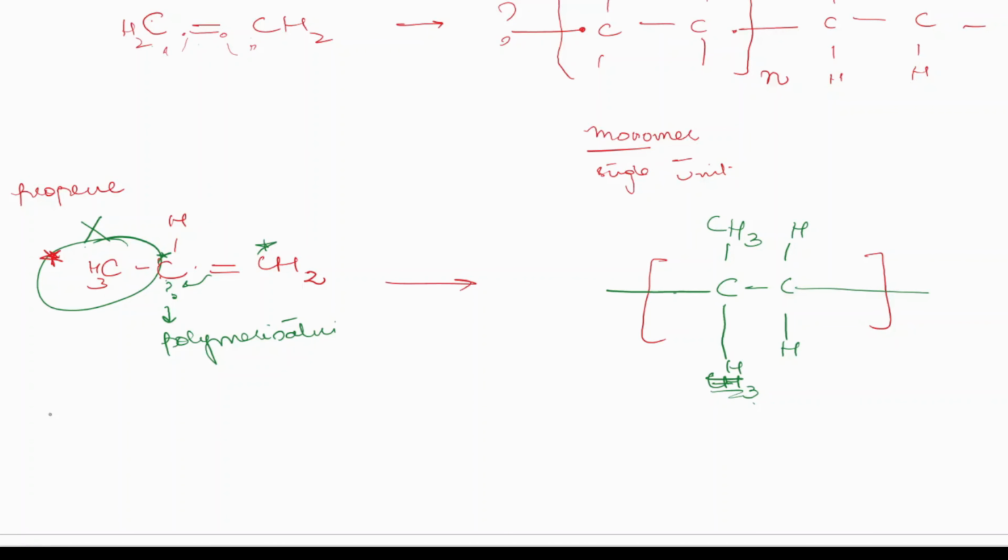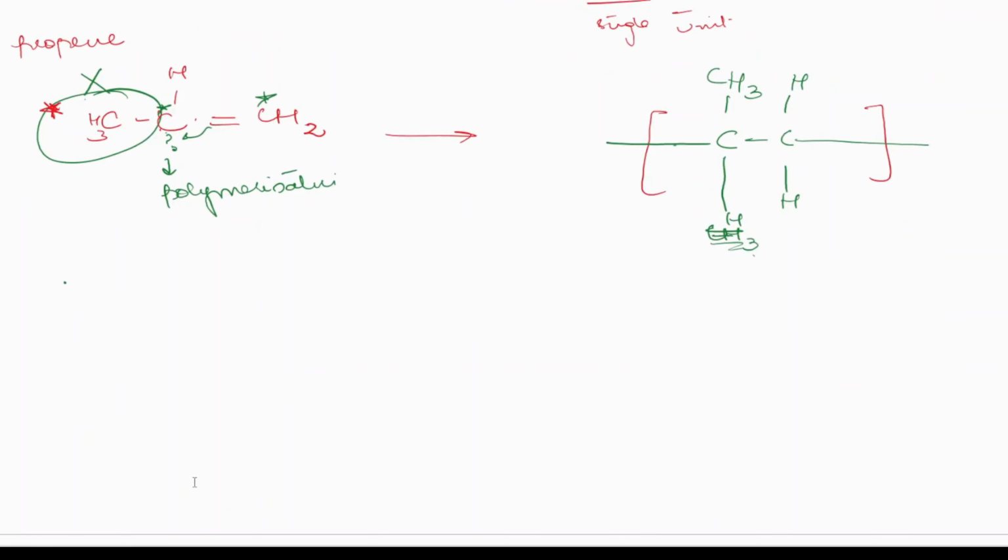So keep in mind, while making a polymer, the carbons that have the double bond would definitely be part of the polymer. If it's, let's say, CH3, CH3, C double bond CH2, how would the polymer look? There would be a change in this one and this one.